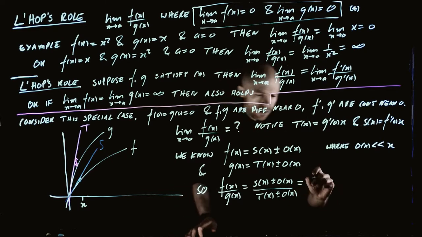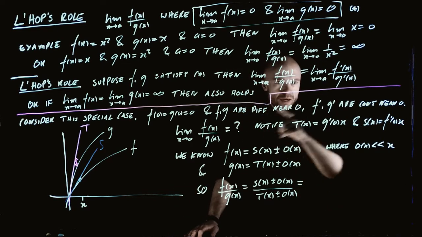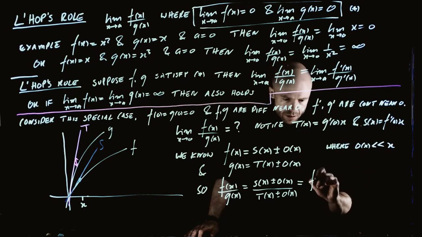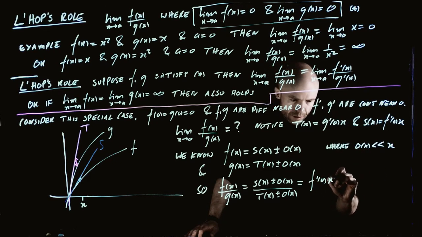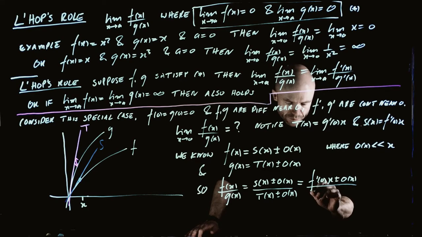And we know what s of x is. It's given by this thing, f prime of 0 times x plus minus little o of x, over g prime of 0 times x plus minus little o of x, right?